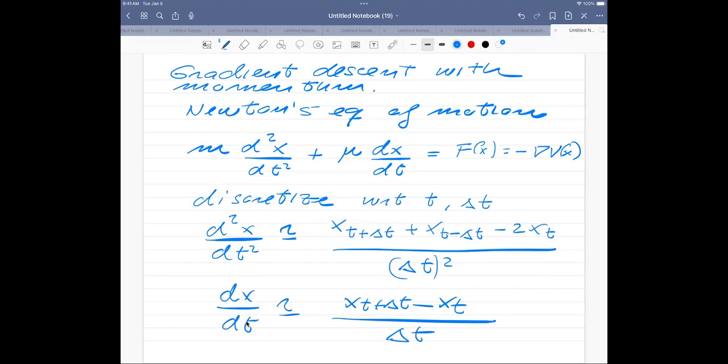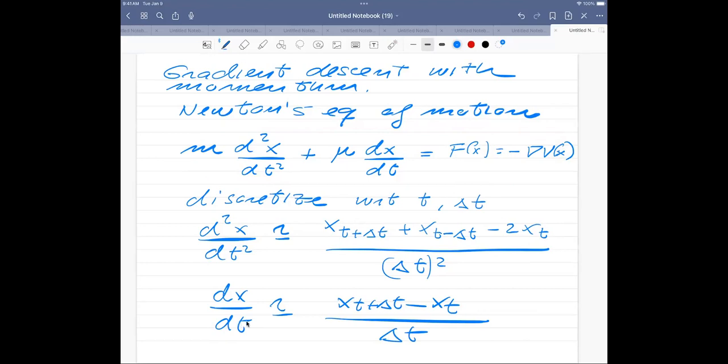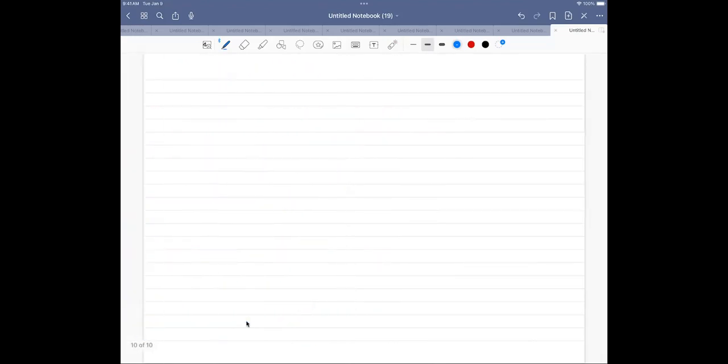And then I'm going to put this back into the differential equation and rewrite the differential equation a little bit. So let's take a look at how this ends up in the differential equations. So we rewrite this equation here with these approximations. So everybody's gotten it? Okay. So now we rewrite that differential equation.